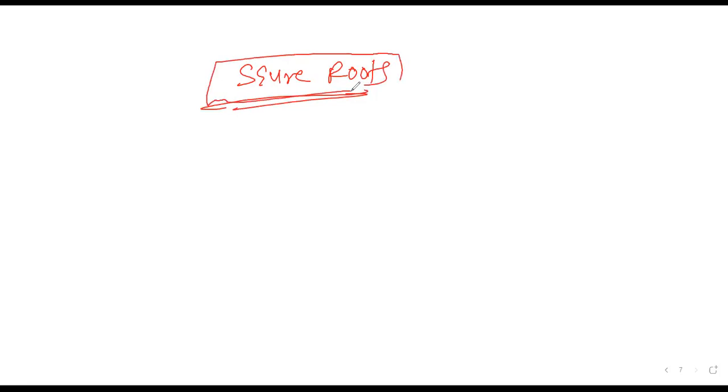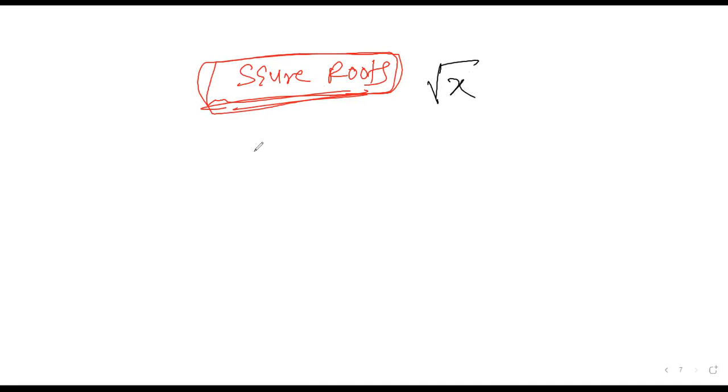Now I'll go for the square root, the second concept. The square root is the opposite of the square. The notation is root of x.